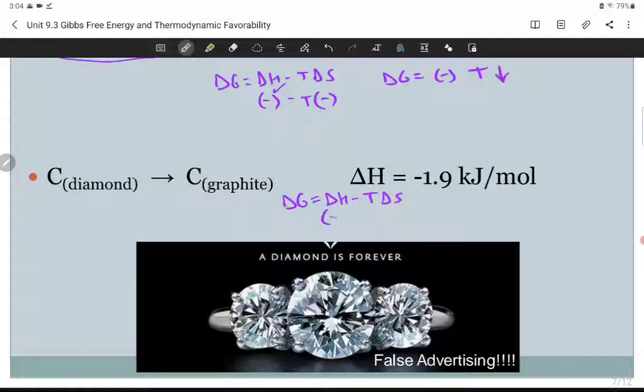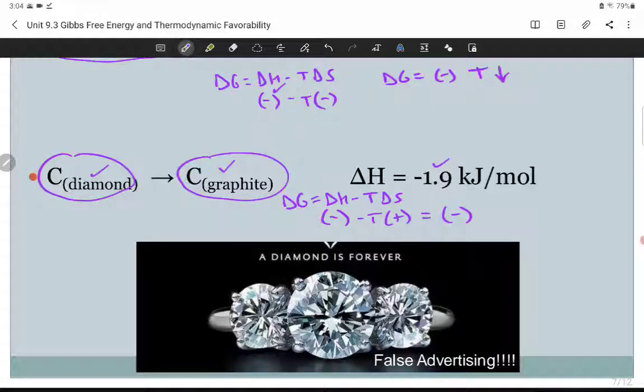Okay, we have a negative for delta H. Diamonds are about as orderly as you can get. Graphite is less orderly, more disorderly, so that's a positive. So it looks like the delta G always is going to be negative, meaning that diamonds will always revert back to graphite.